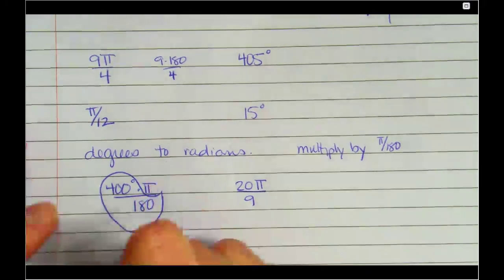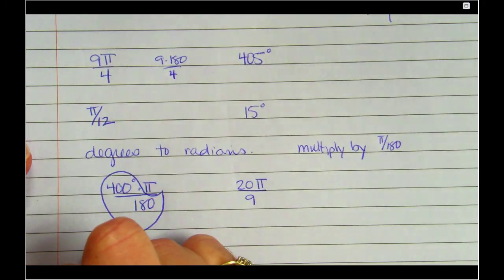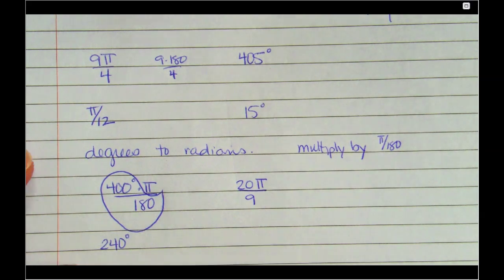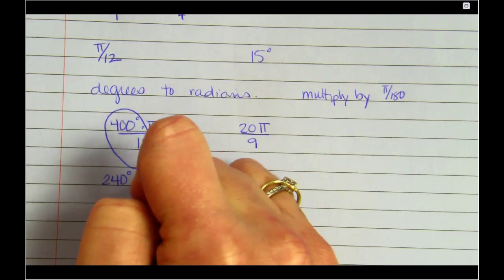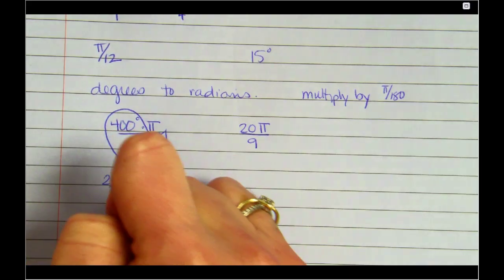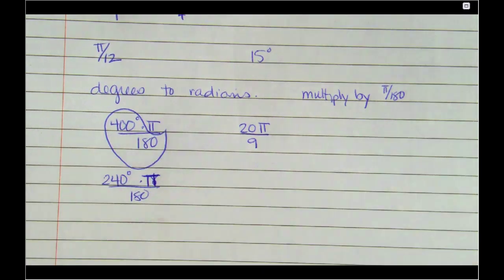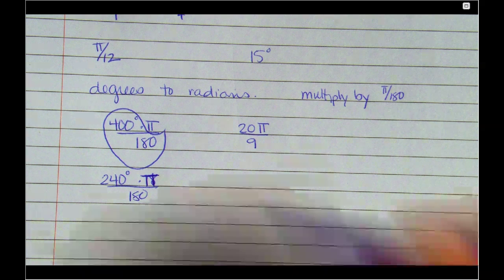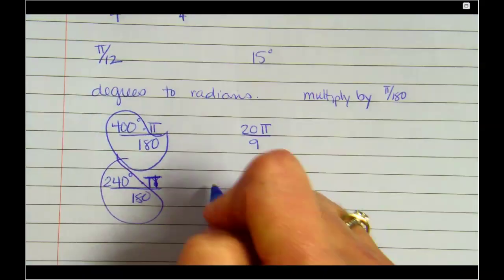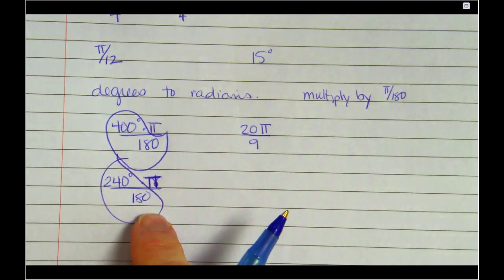Okay, so then let's do 240 degrees. Multiply by pi over 180 and reduce your fraction.